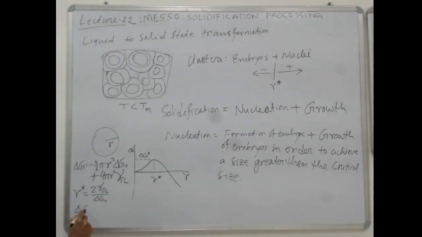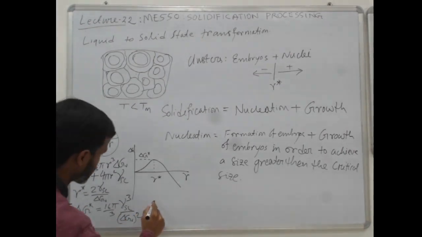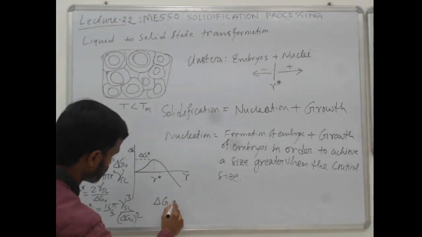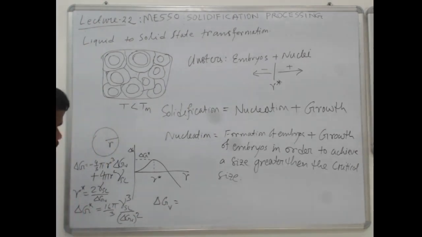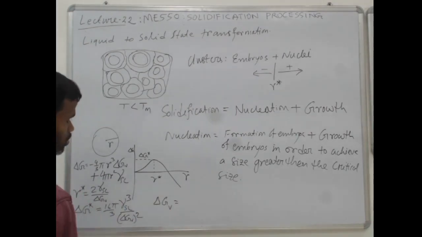And delta G star is given as 16 pi by 3 gamma SL cube by delta GV square. And delta GV, which is the driving force, you can call it the driving force for the free energy change per unit volume of the system.